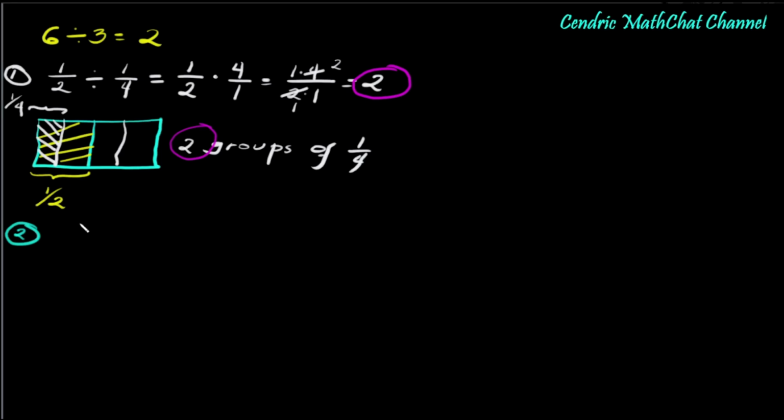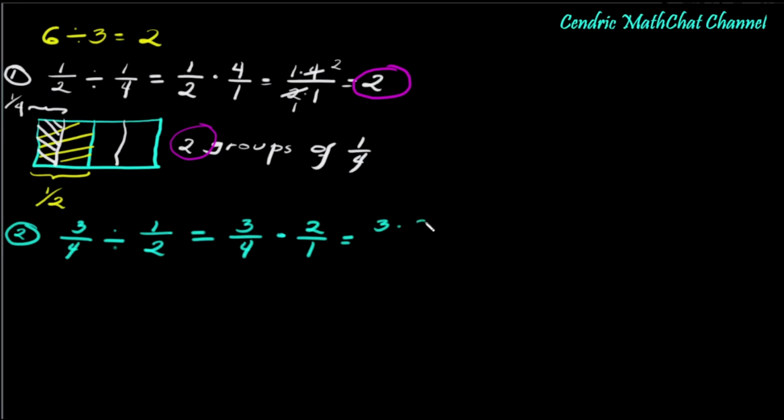I have 3/4 divided by 1/2. Okay? Same thing with the algorithm. Copy your dividend, 3/4, proceed to multiplication, take the reciprocal of 1/2, so that's 2 over 1. So, we now have a multiplication problem.